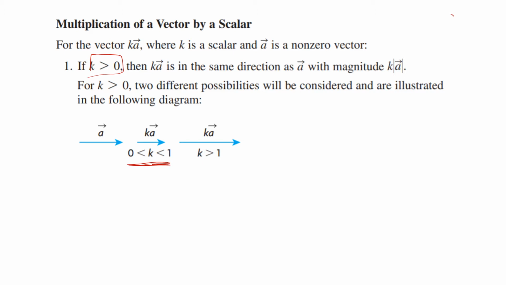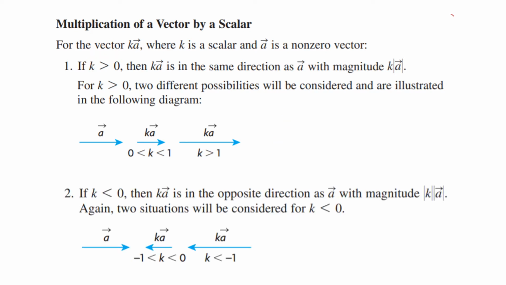Why? Imagine multiplying your vector by 1/2. That is half of what you have. Therefore, the magnitude will decrease by half. However, if the value of k is bigger than 1, then it will lengthen, it will get bigger. So if you multiply it by 2, it will double in size.